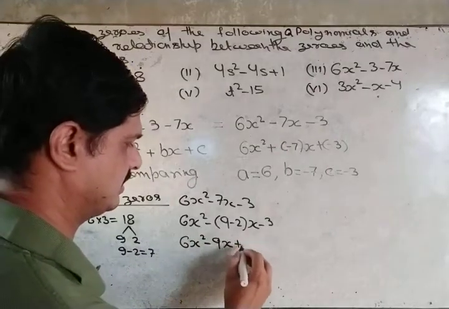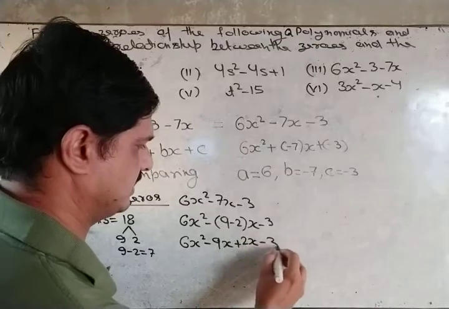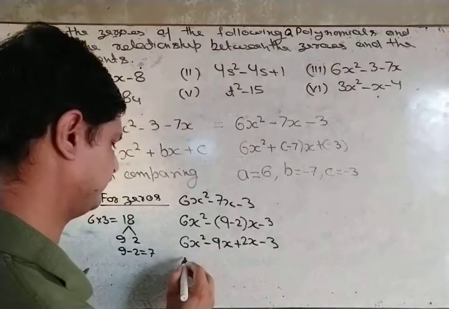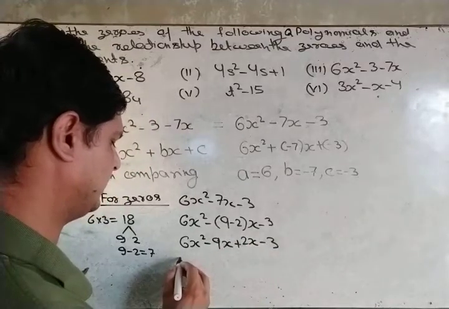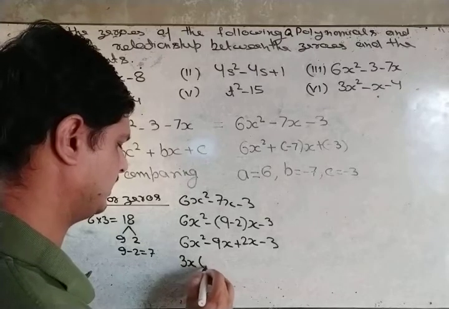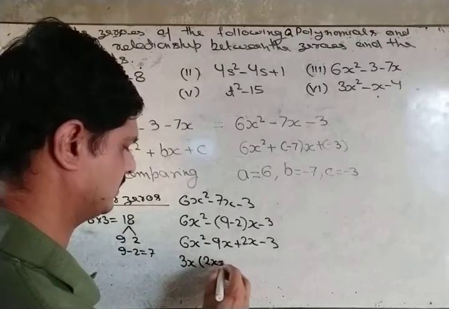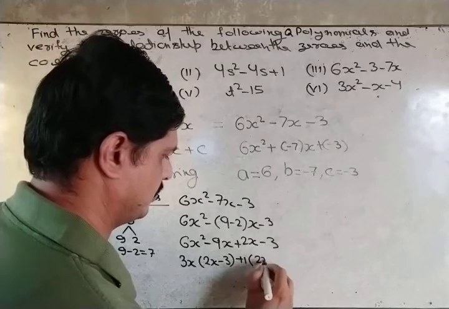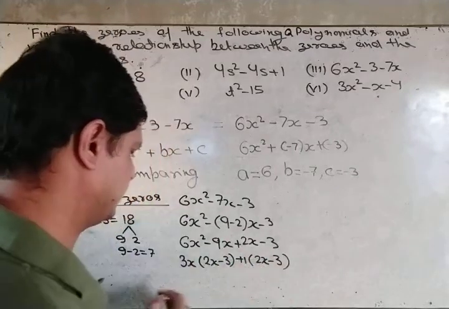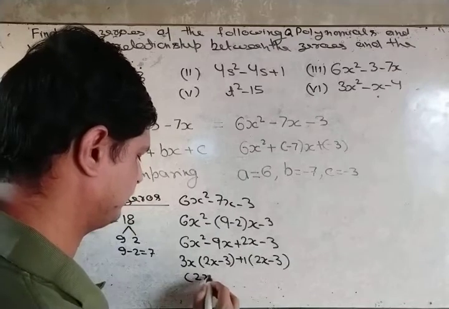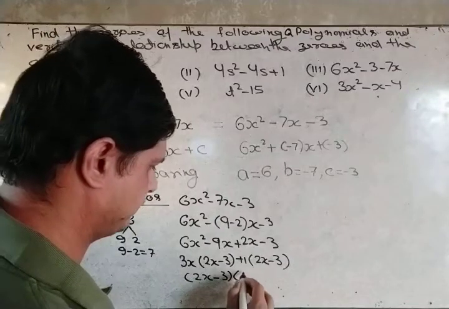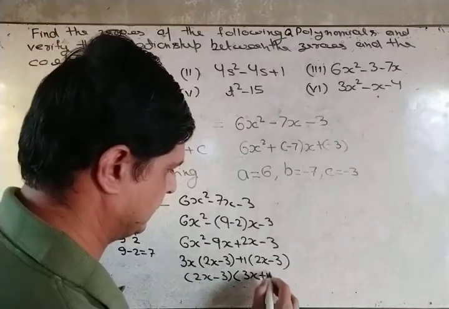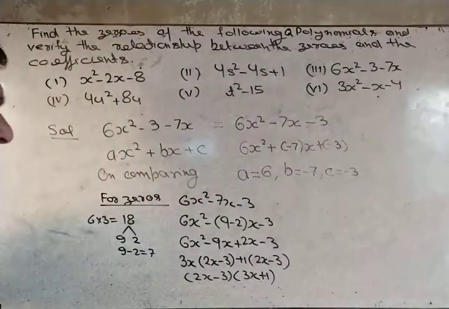So when we have 9x plus 2x minus 3, we will take 3x common, we will get 2x minus 3, 2x minus 3. Then we will have these two as factors.